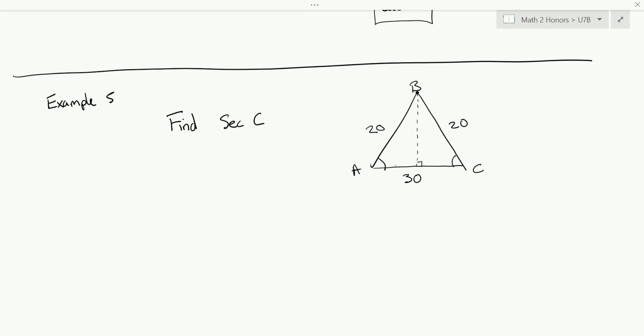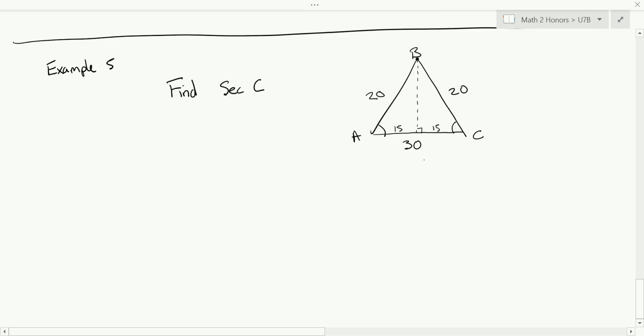Therefore, we can say it does bisect that side, and we got 15 and 15. So now we're just going to look at the right half. That's all we need. Where this is angle C, this is 15, this is 20. Now we got our right triangle.